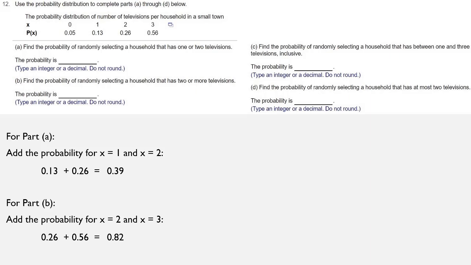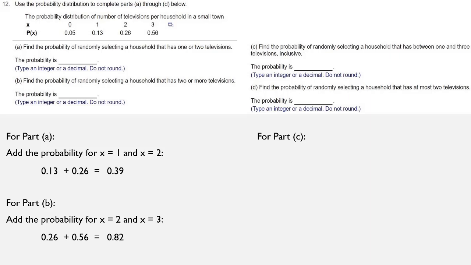In part C, we're going to find the probability of randomly selecting a household that has between 1 and 3 televisions inclusive. So when we see the word inclusive, that means including the 1 and including the 3. Sometimes when you say between 1 and 3, people think, oh, it's just the 2 that's in the middle. But if you say inclusive, that means inclusive of the endpoints.